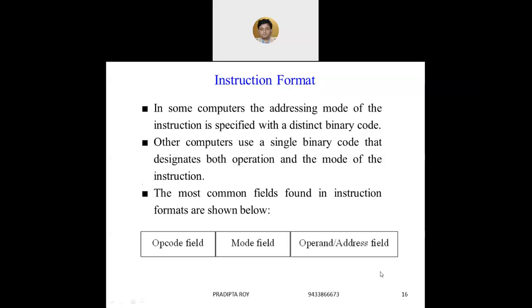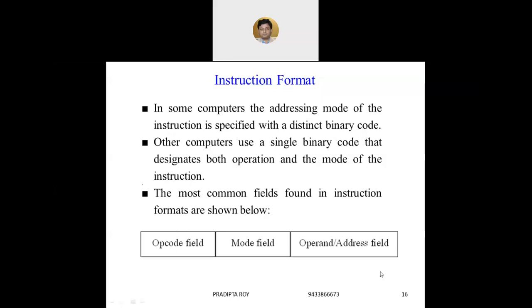Different types of addressing modes are used. Normally, this is the instruction format used for addressing. We have three different fields: one is the opcode field, one is the mode field, and one is the operand or address field. We have talked about the opcode field and operand field earlier.